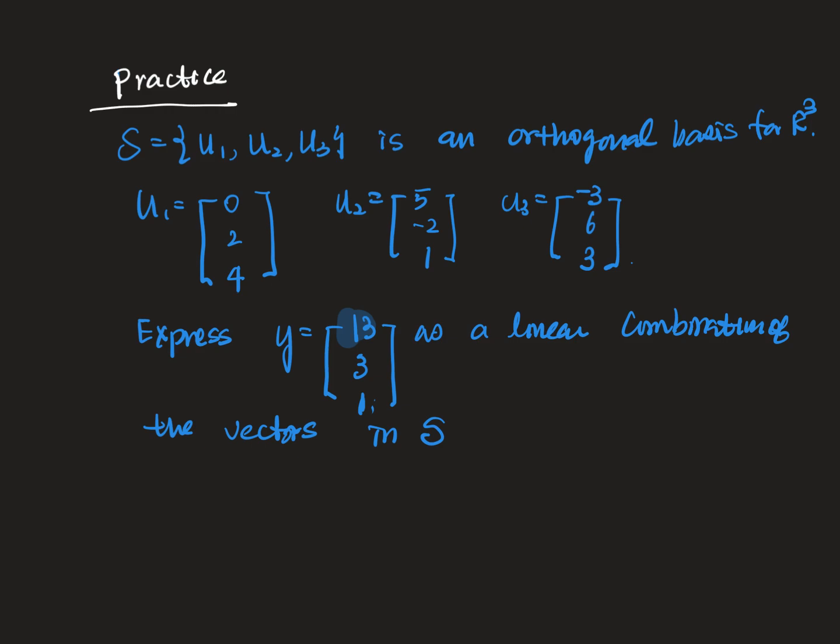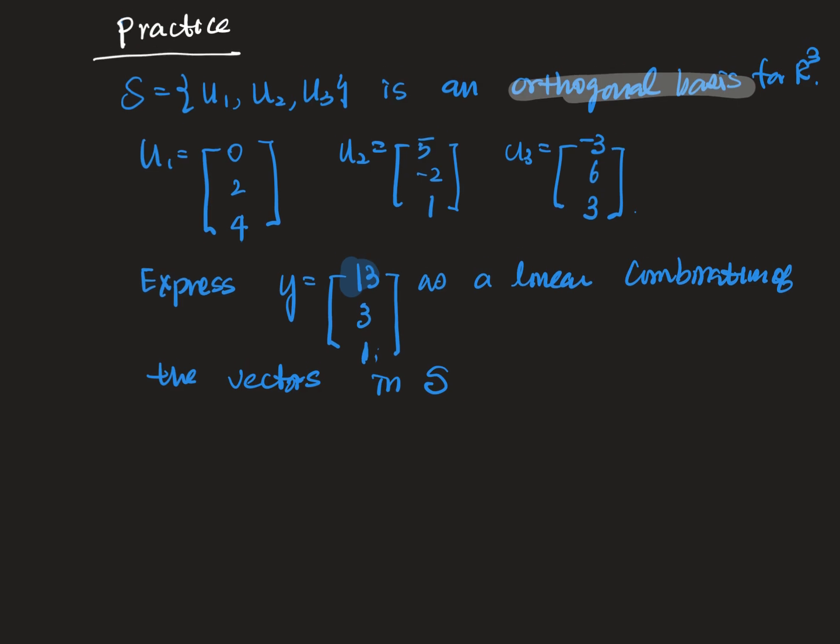Okay, now let's practice how to find the linear combination of the u1, u2, u3 vectors when you're given a y vector. The key idea here is that this is an orthogonal basis. If the basis is orthogonal, we can find the linear combination very quickly using the theorem, guys.